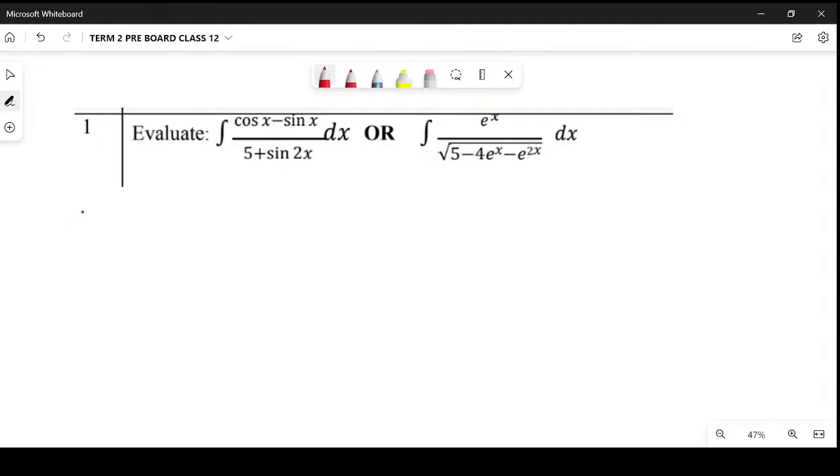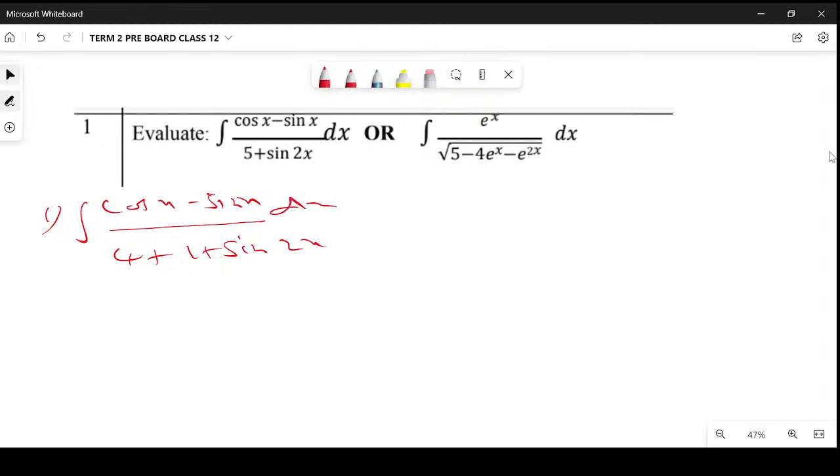What will I do now? cos x minus sin x by 5 plus sin 2x, can I write 5 as 4 plus 1 plus sin 2x. So I can write it like this, integral of cos x minus sin x by 4 plus 1 plus sin 2x dx.